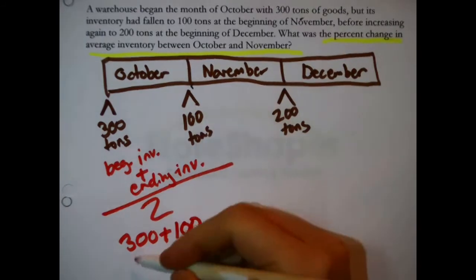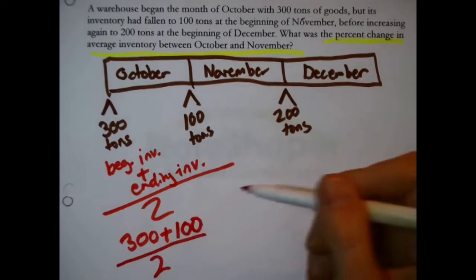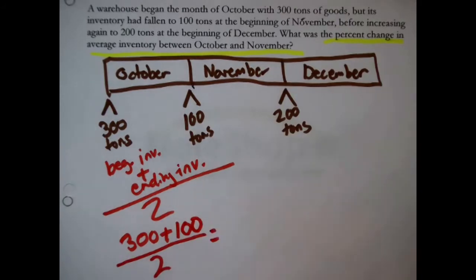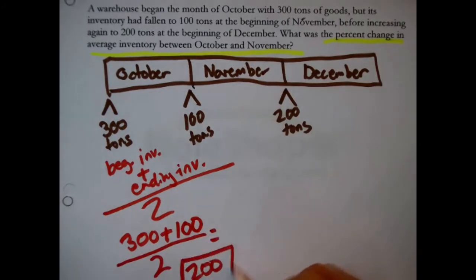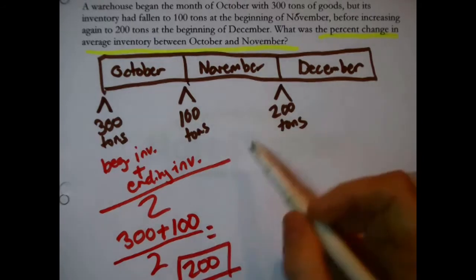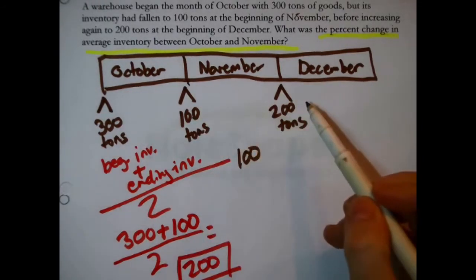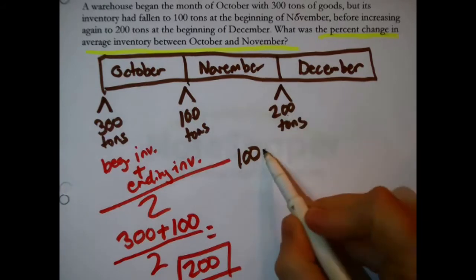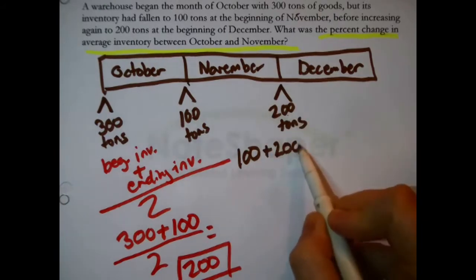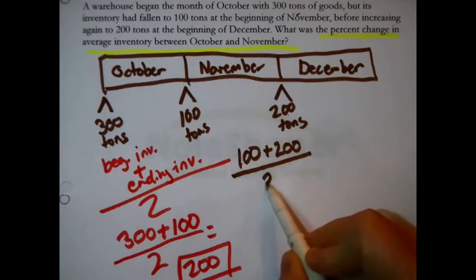All right, so the average inventory in October, what's that? 300 plus 100 divided by 2, 200. I'm just going to write that was for October. Then same exercise but for November. Okay, in November you would start with 100, that's the beginning inventory, and end with 200 because the beginning inventory for December is the ending inventory for November the month before.